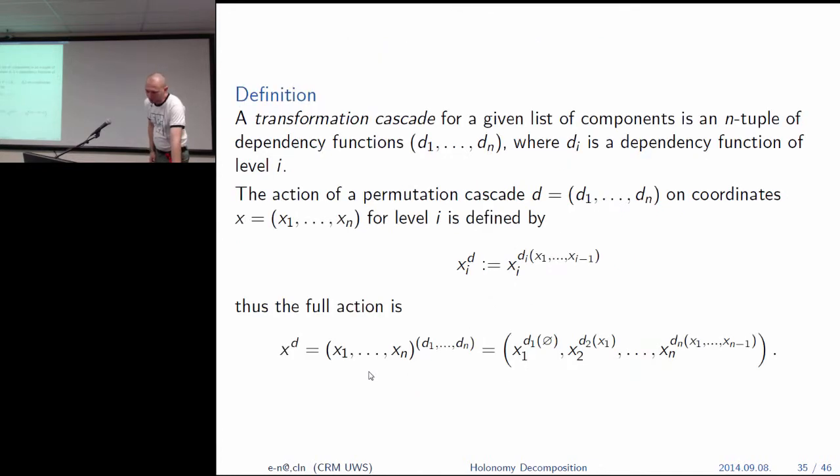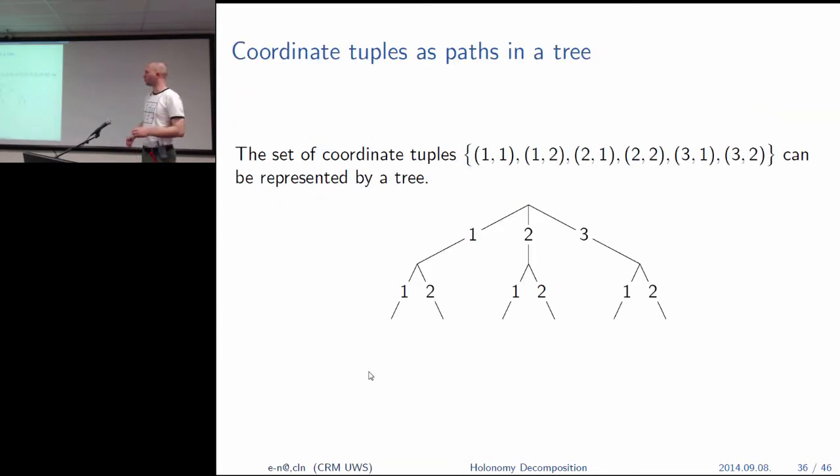Okay, well, if you can quickly grasp formal descriptions of slightly complicated actions, here is the way to think about it. You act by evaluating the dependency functions. Then you do the action coordinate-wise, but let's be more visual.